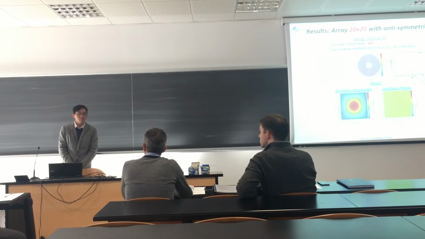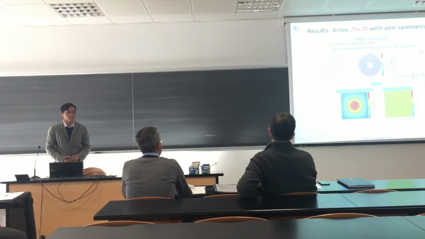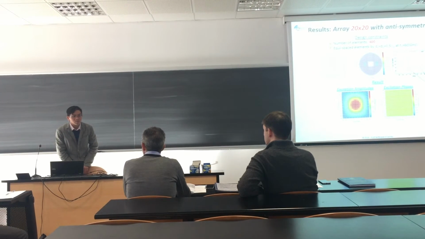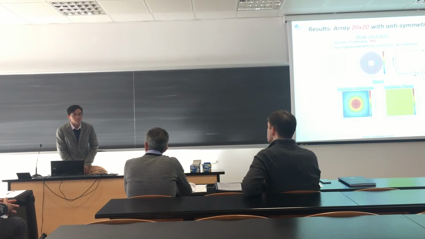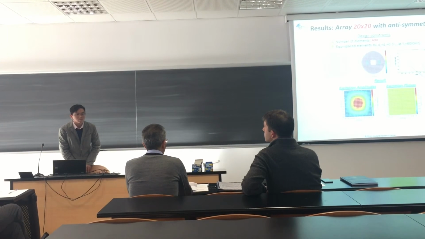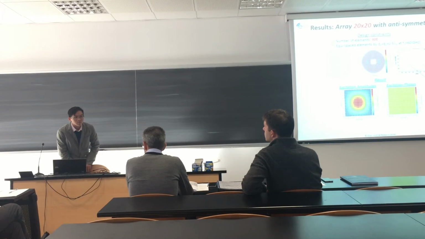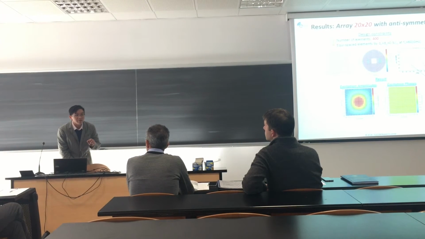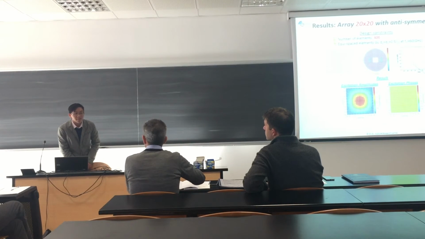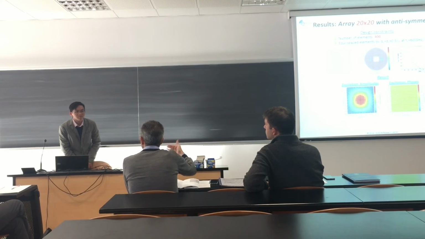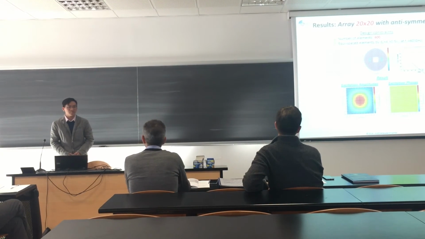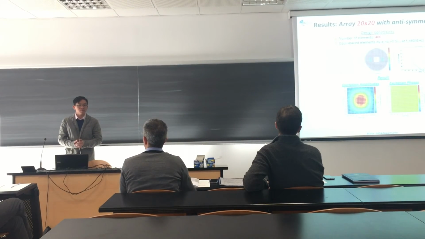And the second one: the solution is unique by definition since it is convex programming. But do you have some limitation in the number of elements you can deal with in your code, or is it arbitrary? I can put also 100 by 100 in our implementation now. Now we are using 10 by 10, 20 by 20. Do you have any upper bound in terms of the number of elements you can use in your implementation? Does the convex programming code work for an arbitrary number, or is there an upper bound?